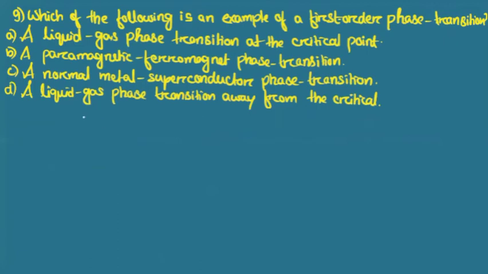This is also second order. A liquid-gas phase transition away from the critical point. Yes, you remember, the liquid-gas phase transition at the critical point is not first order, while away from the critical point it is a first order phase transition. So the correct option is option D.